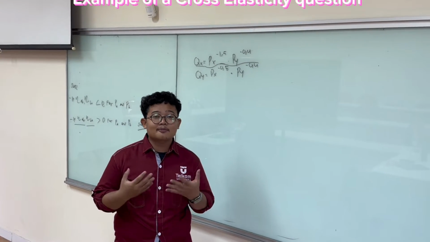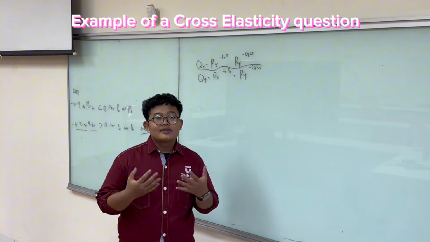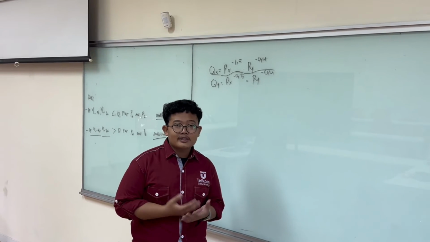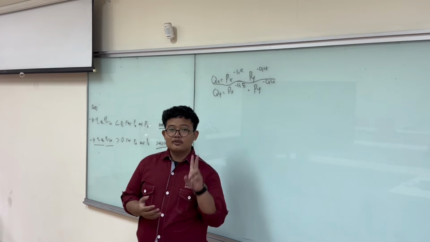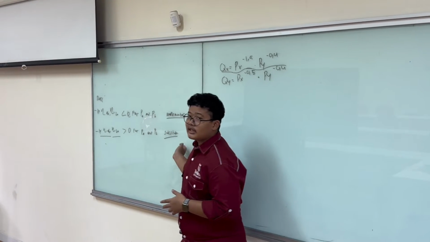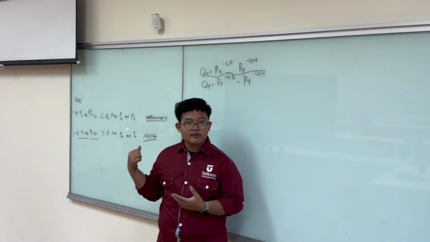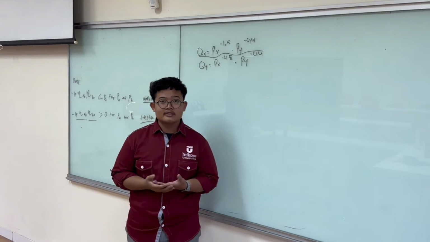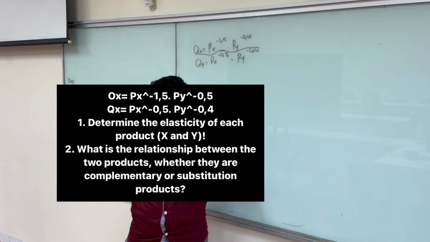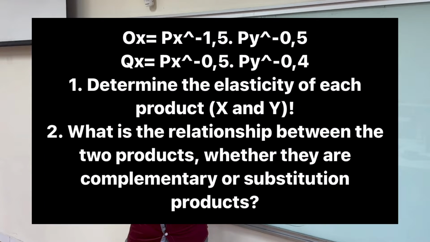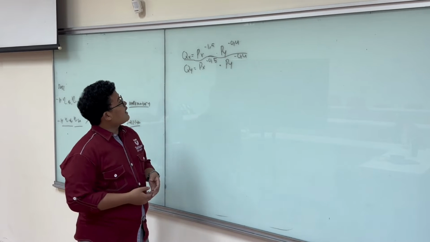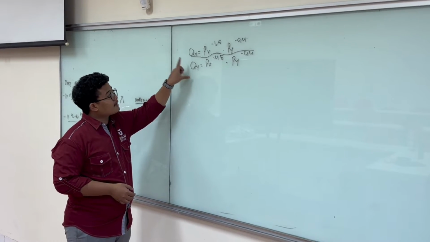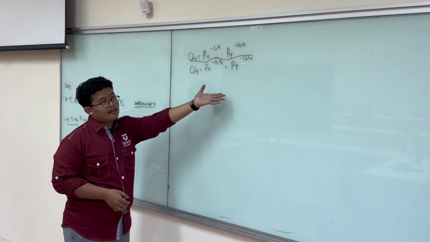So today I would like to explain briefly how to answer whether two products are complementary or substitutes, like my friend mentioned before, with a question taken from Kalangi's book. The question is as follows. We have the functions of quantity of product X and quantity of product Y, like this.